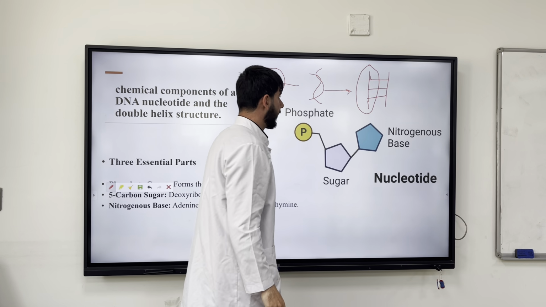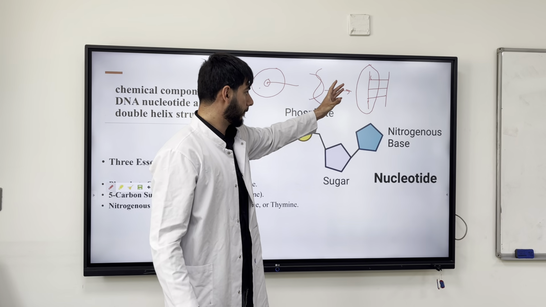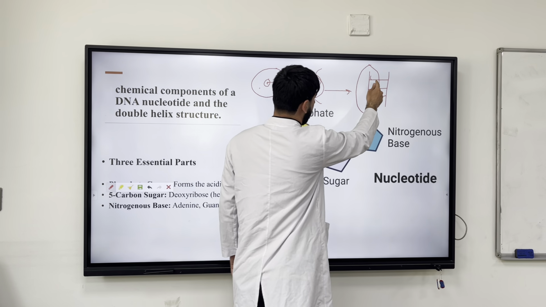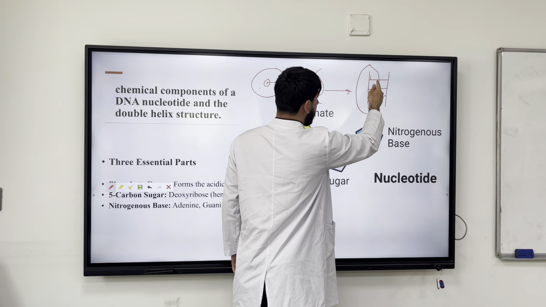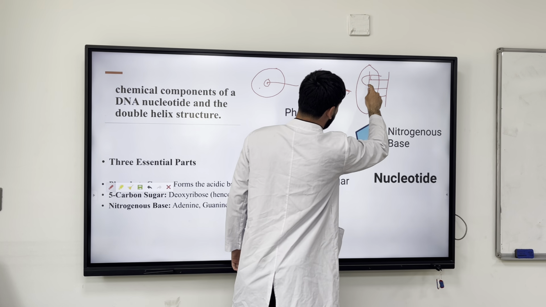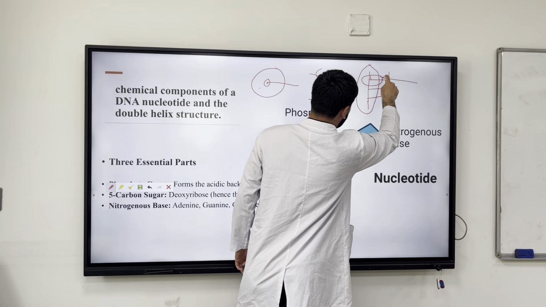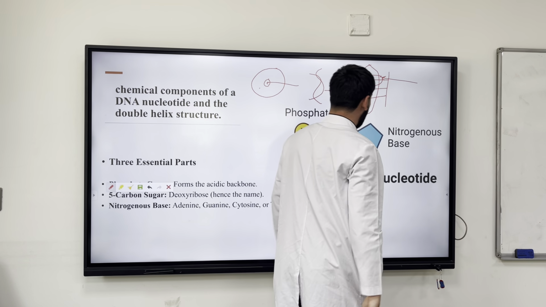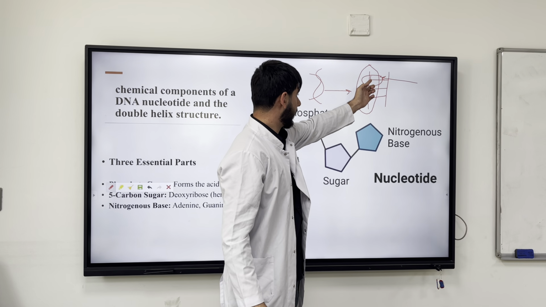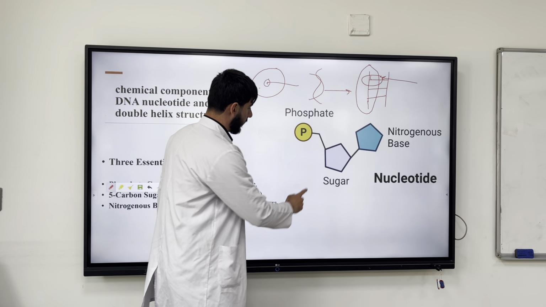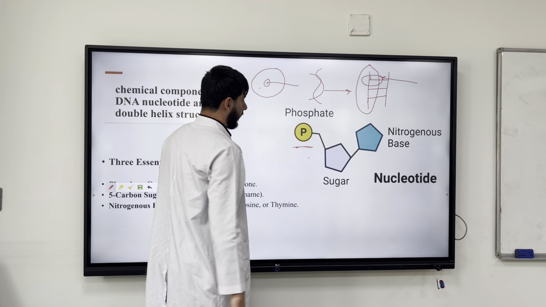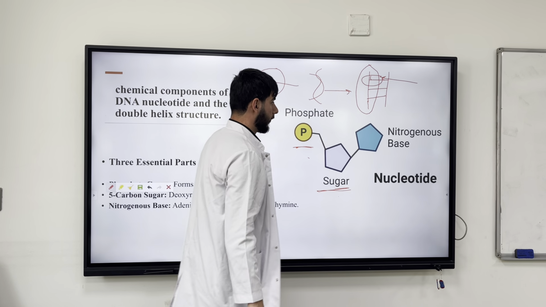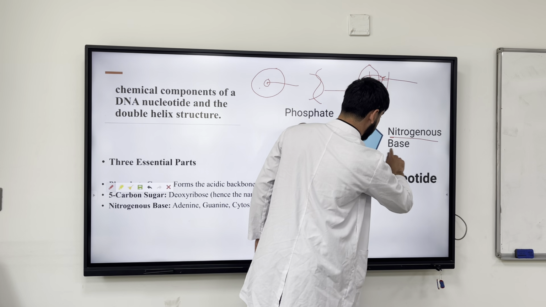This part we say is the nucleotide. In this part, what do we have? We make it smaller. We take this part of the ladder. What do we have in this part of the ladder? First of all, we have a phosphate group, sugar, and nitrogen base.